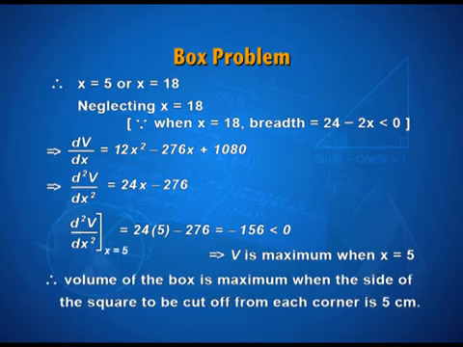We are interested in finding the side of the square to be cut off from each corner, then that side has to be 5, so that the volume is maximum. If you also want to find the maximum volume, then you can put x equal to 5 in the volume function and get the maximum volume.